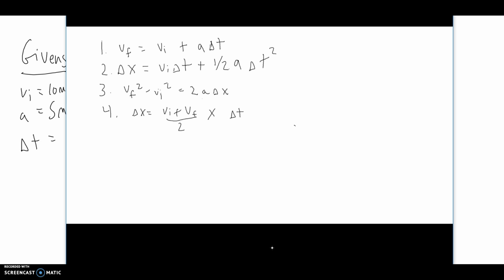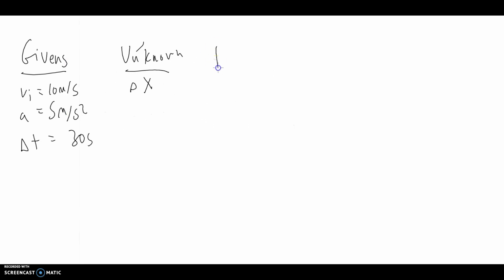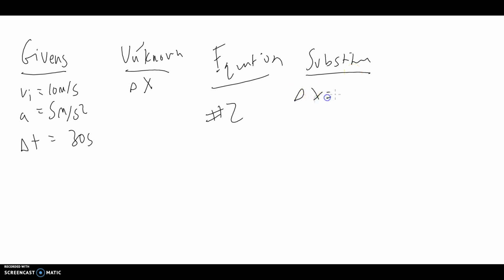And then we substitute. If we look at number 2, it's delta x equals vi times change in t, plus 1/2 a t squared.